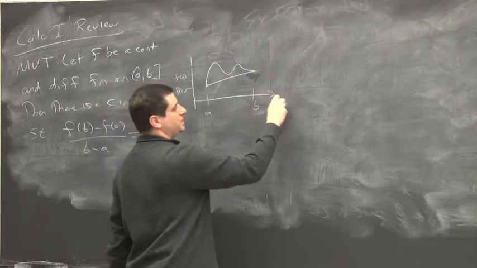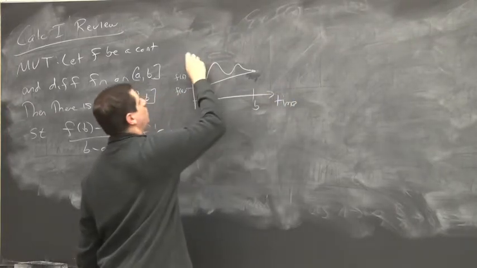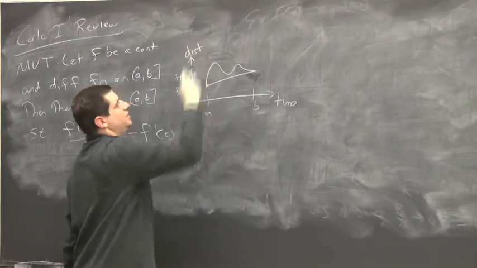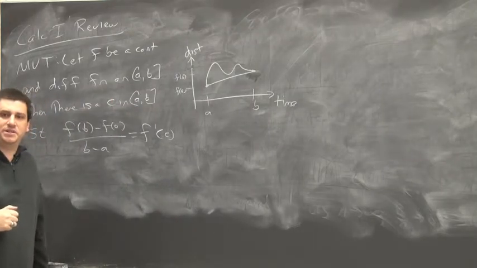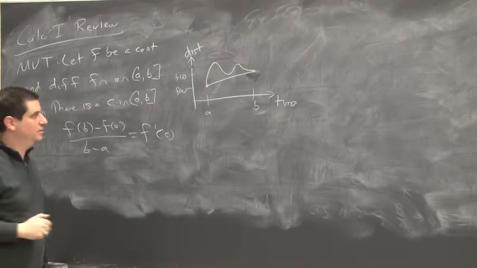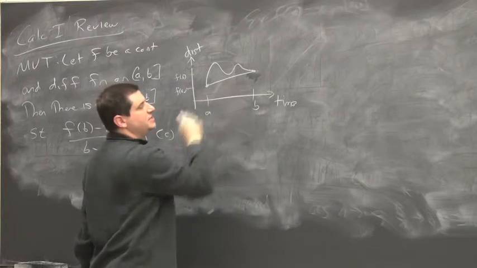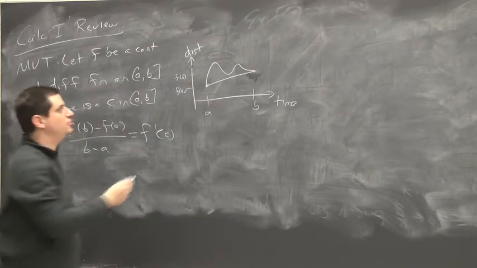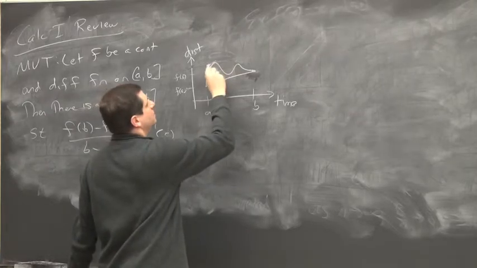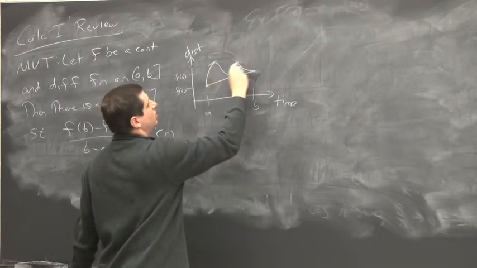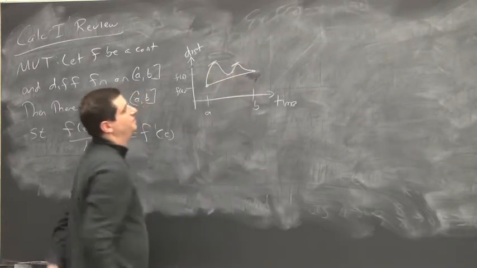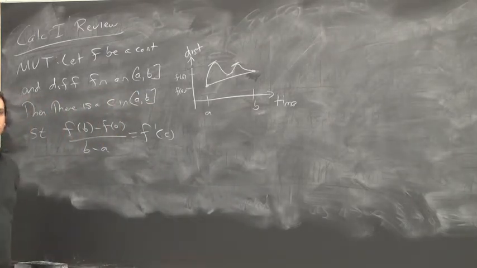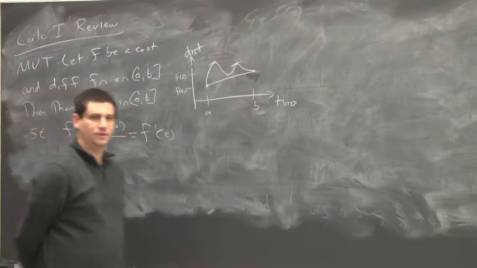So I'm considering my x-axis time, I'm considering my y-axis distance. The derivative of distance with respect to time is speed. What the mean value theorem says is there is some point in time at which your instantaneous speed equals your average speed. And so in fact, in this case, it looks like there's at least one there, and even one over there. So there would be three choices of c that would work.